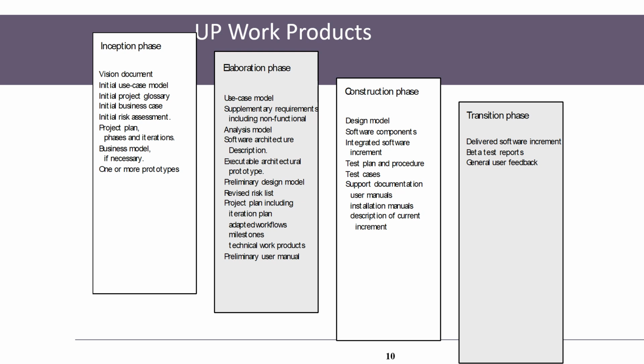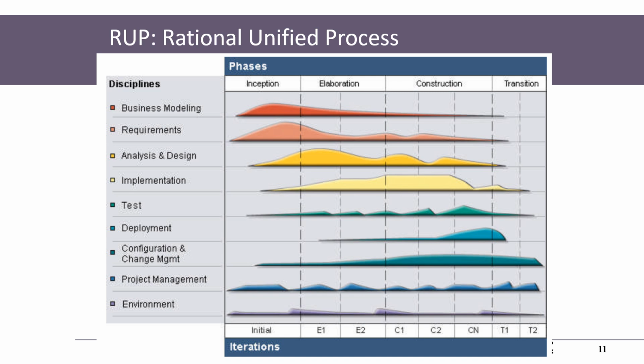So elaboration is the other one. You will see different. So I have listed some of the things which are minimum set of activities or the work products that may result in the rational unified process. What is this? This is a kind of an ancestor process model.